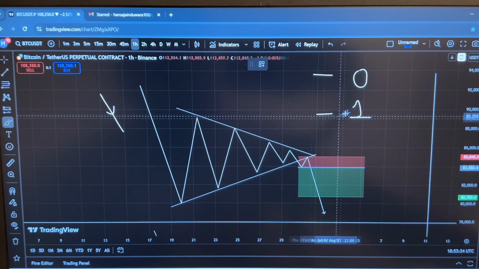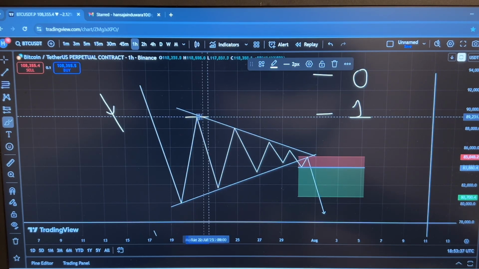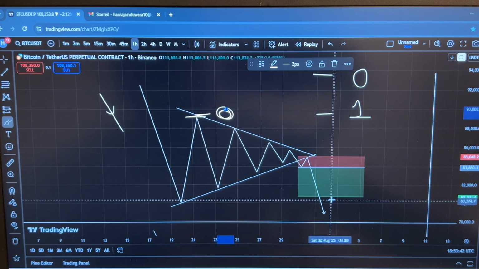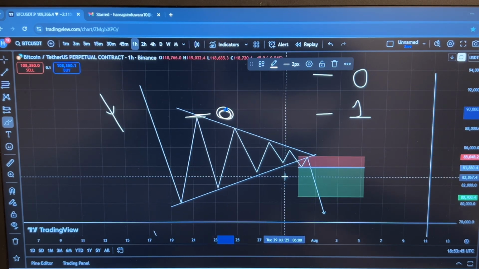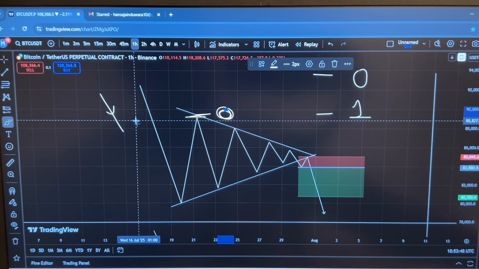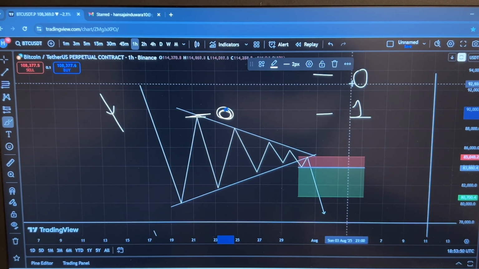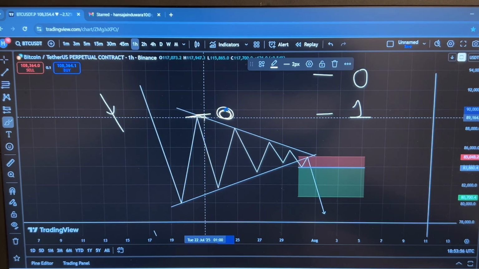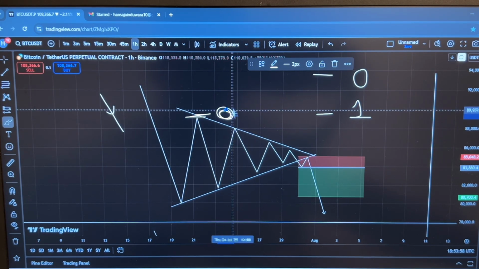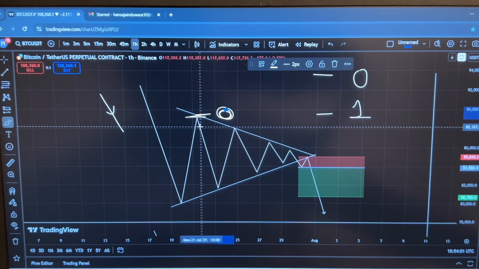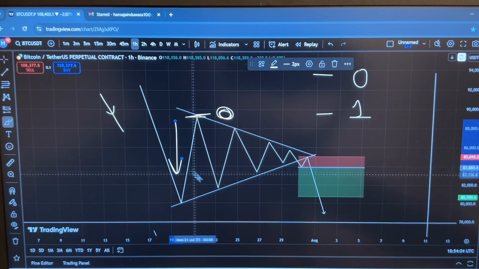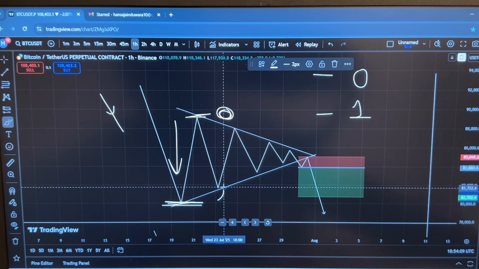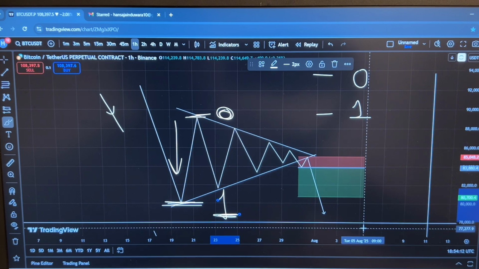We are going to use the zero level at the first high. In a bearish symmetrical pattern, or a bearish pennant pattern, we put the zero level using Fibonacci at the first high, and we drag the Fibonacci level to the starting low of the pattern.